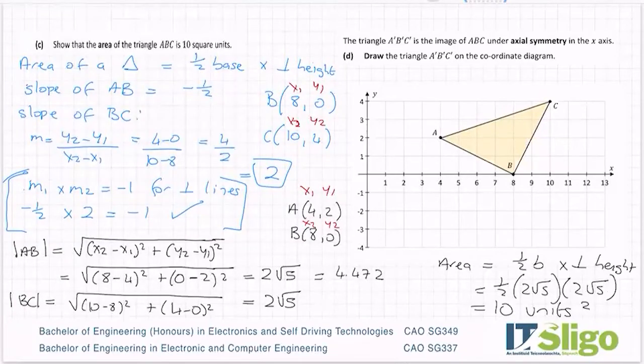So how are we going to do axial symmetry through the x-axis? Well, first of all, this is your x-axis, okay? So this is like a mirror. This is how I think about it. It's a bit like in national school, and also on your course.